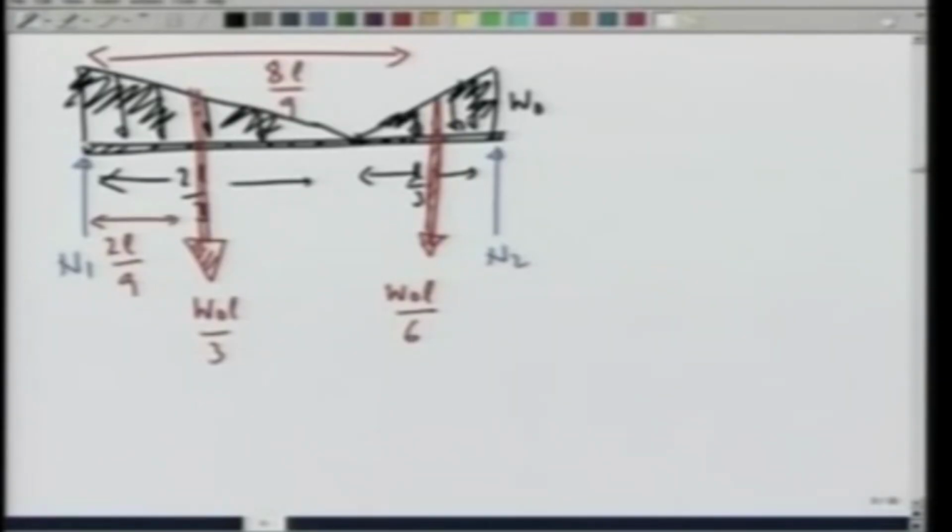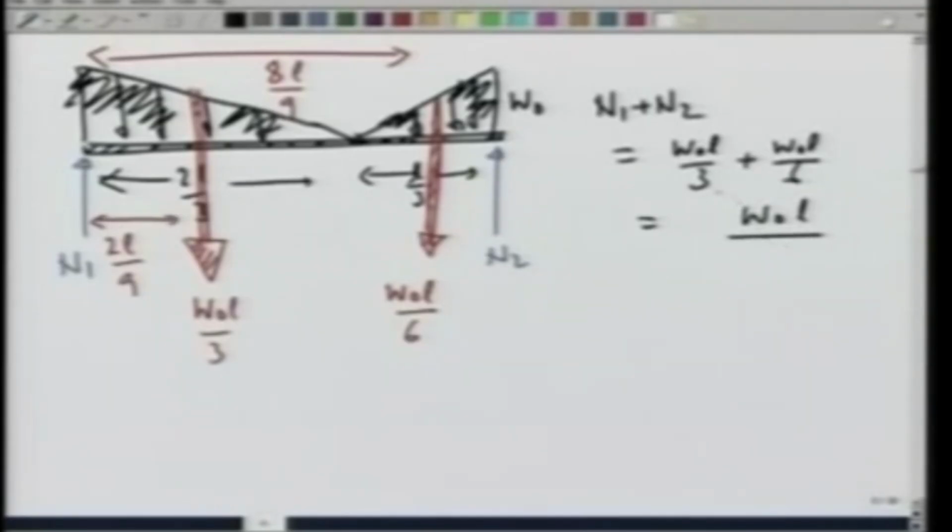A beam is loaded with these two forces, and these are two reactions. Simple: N1 plus N2 being equal to W naught L by 3 plus W naught L by 6, which comes out to be W naught L by 2, and then we balance the moments about this point.